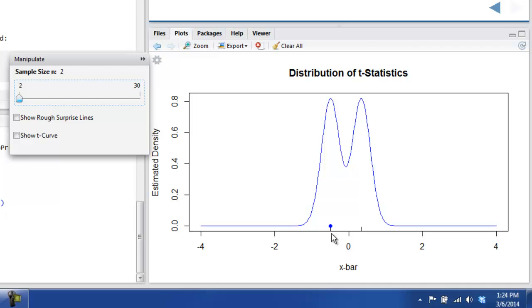These are the only two t-statistics in our group so far, and so we have these two humps over each of them that make up the density curve at this point. Let's continue to take more samples of size 2, and thus get more t-statistics, and get a better estimate of what the distribution of the t-statistic looks like.